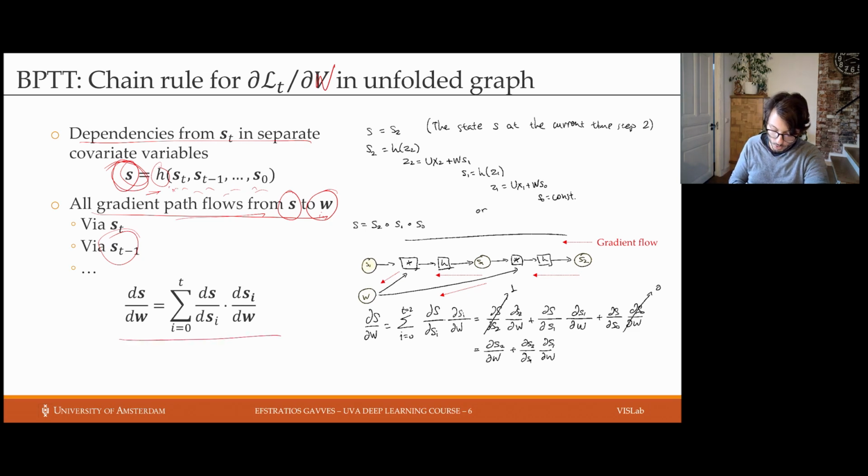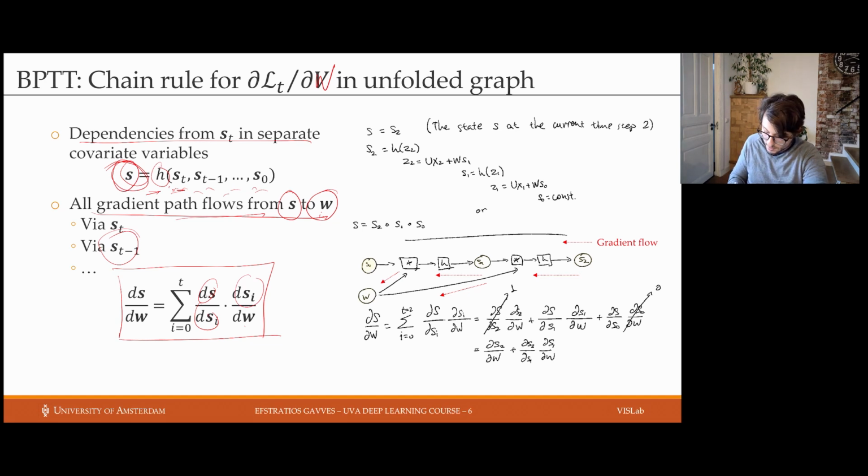Then we obtain the final derivative by summing up all the contributions. So we're summing all the gradients from all possible paths leading to a connection. This is simply written as a sum of the derivative of S with respect to the internal state variable SI, and then the derivative of SI with respect to dW.